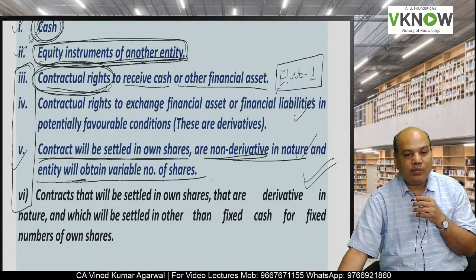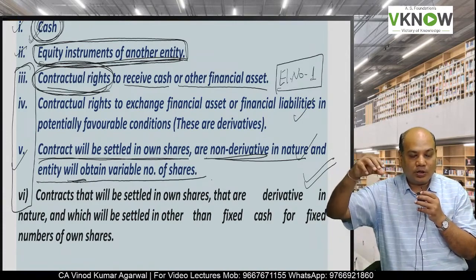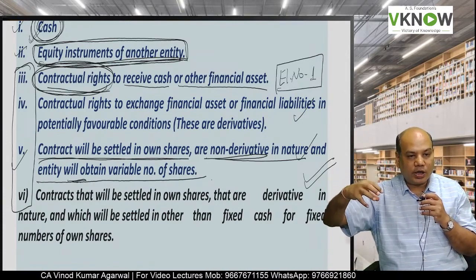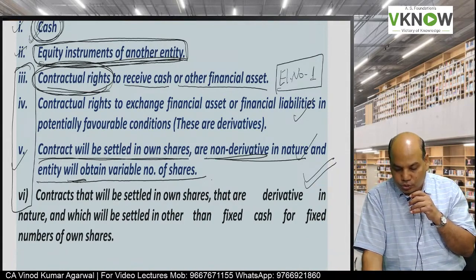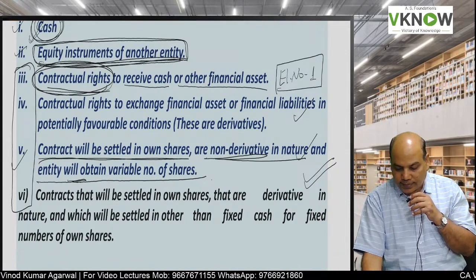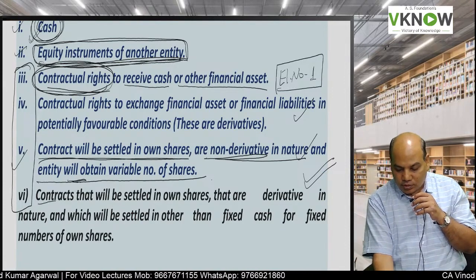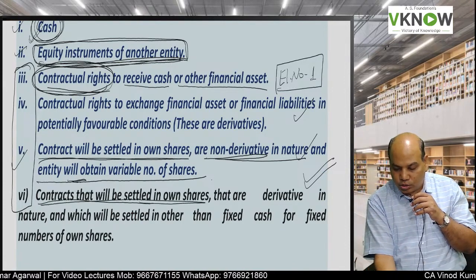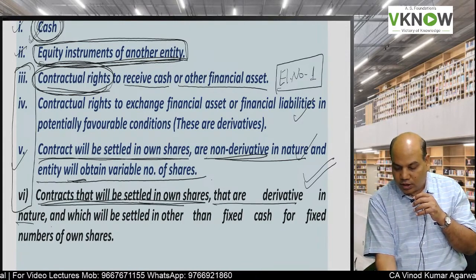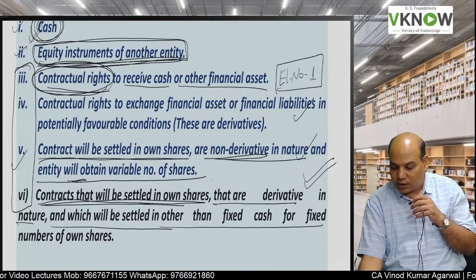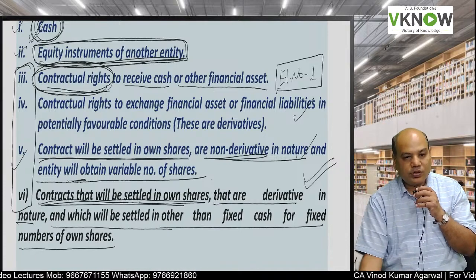Similar to element number 3 of financial liability, a non-derivative contract which will be settled in a variable number of own equity shares. And the last one is a contract that will be settled in own share that is derivative in nature and which will be settled in other than fixed cash for a fixed number of shares.